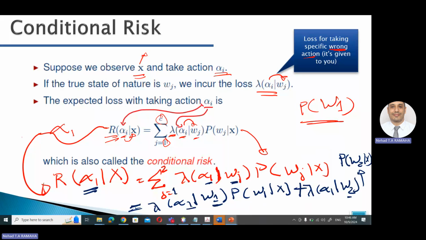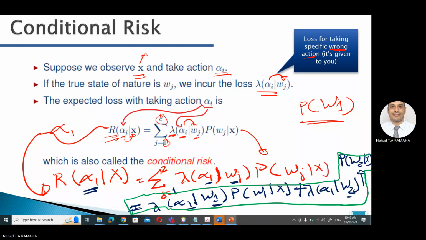Okay, what values do we know, what values don't we know from this one? Lambda, we know it.